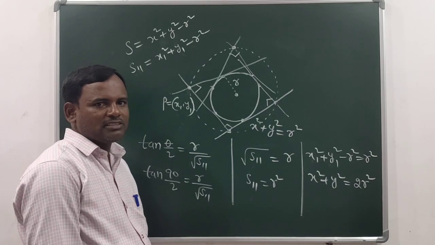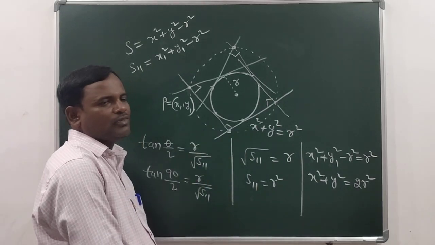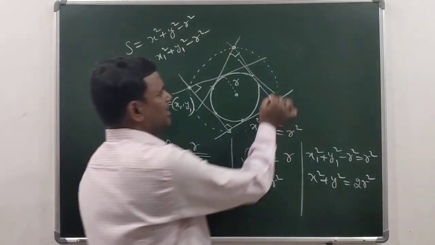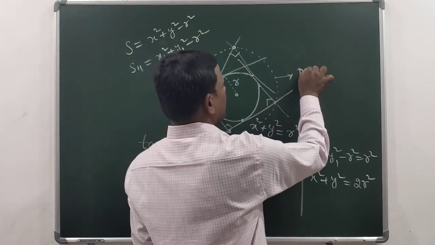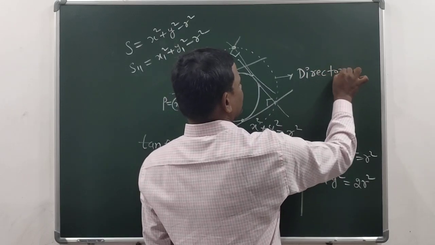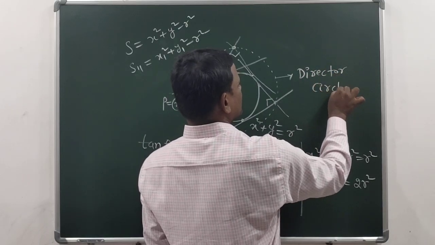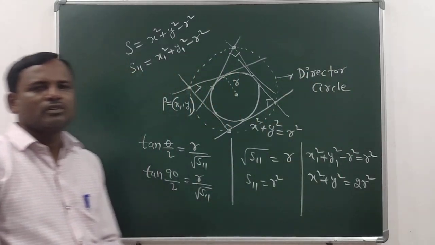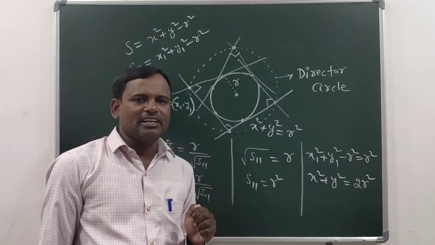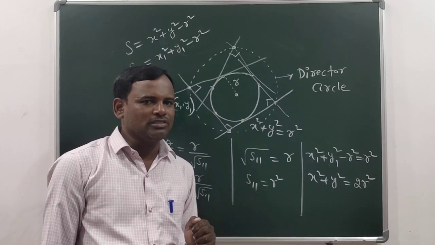So in mathematics, there is one special name to this locus, that is called director circle. How do we define a director circle? Director circle is nothing but a locus.